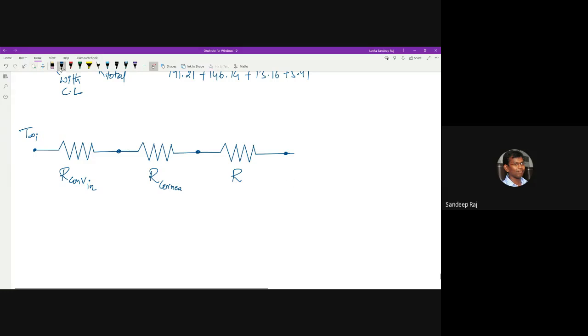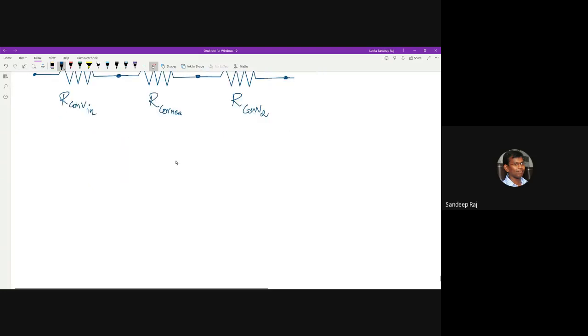And now I'll write this as R convection 2, and this will be my T infinity outer, which is equal to 22. And this is 37 degrees centigrade.